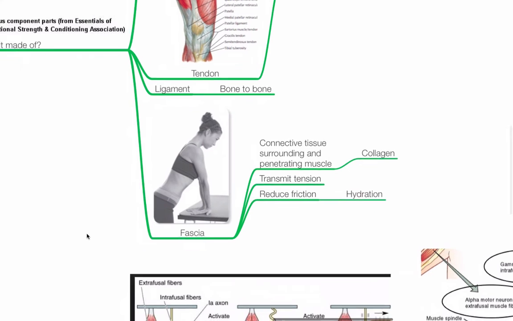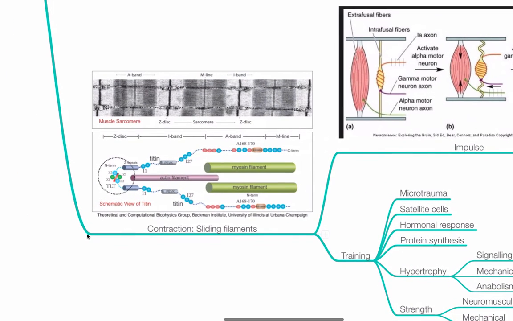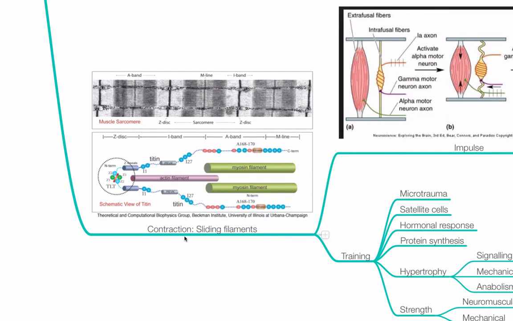So, contraction of a muscle. What you're looking at here are the filaments, which are the microscopic fibers within the myofibril that we discussed before, and they're made up of actin and myosin filaments. The theory is that they slide over each other, and this happens across the length of the muscle, which then causes a general shortening of the fiber, and because the muscle attaches to two bones, the shortening of the fiber brings them together.